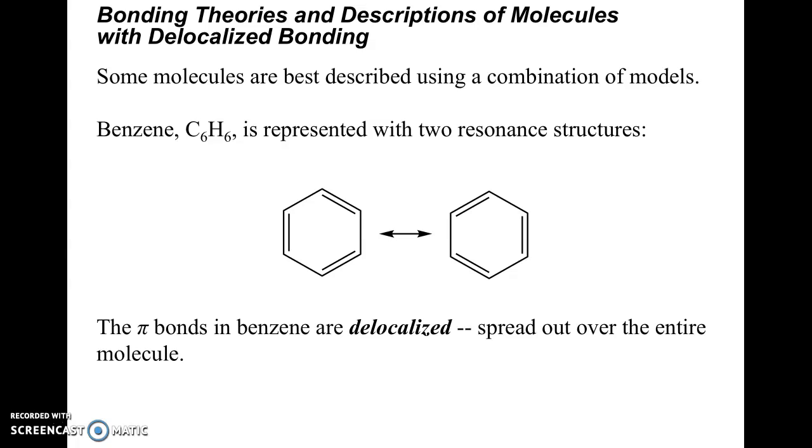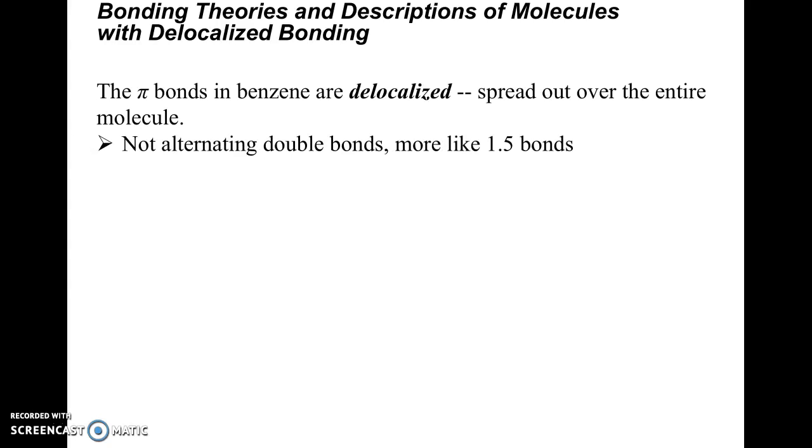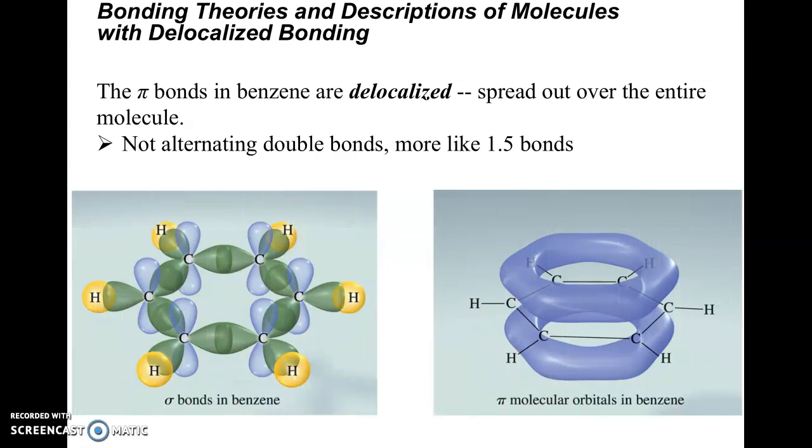And what we are saying is that those pi bonds don't actually switch back and forth, but they are delocalized over the entire molecule. And so the way we think about this is they are not alternating double bonds, but they're more like 1.5 bonds all the way around. And so you get an electron cloud sort of above and below the benzene ring. And that's the end of chapter 7.